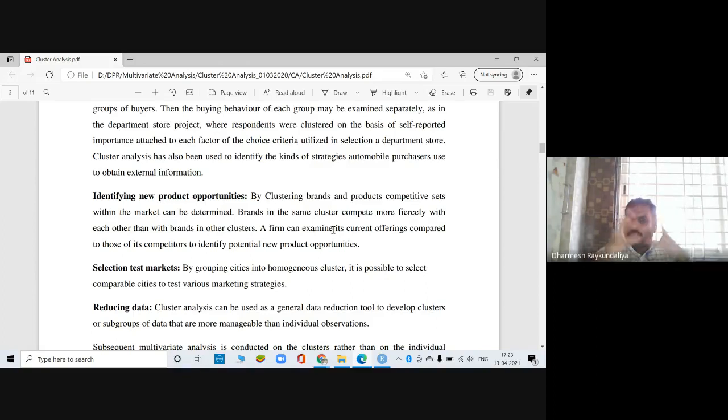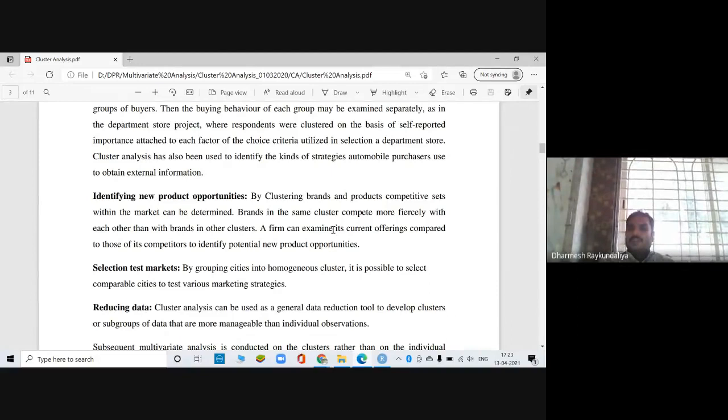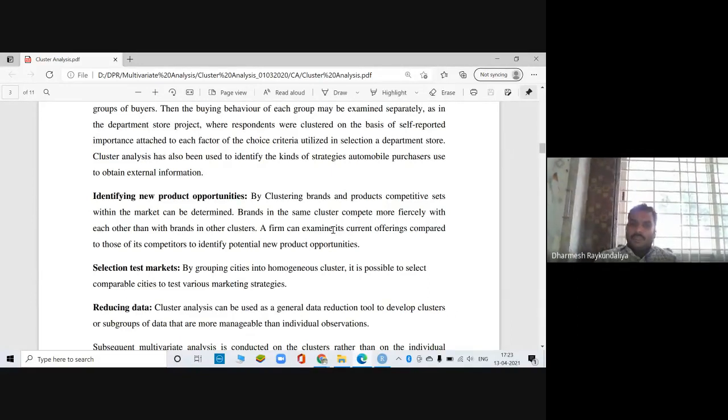Similar brands belong to the same cluster, so you can identify who the competitors in the market are, and identify your nearest competitors using cluster analysis. A firm can examine its current offering compared to those of its competitors to identify potential new product opportunities. So by looking at that, you can identify which kind of product I should launch so that I can have a benefit.